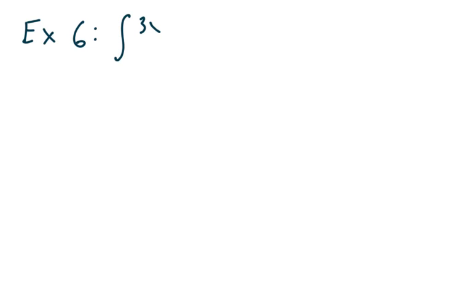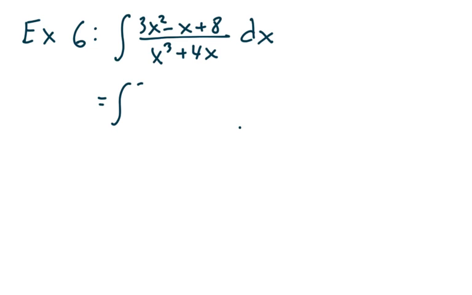So the integral of (3x squared minus x plus 8) divided by (x cubed plus 4x) dx. So we're going to get a little bit harder, okay? Now, this is the integral of 3x squared minus x plus 8. If I factor that denominator, I get x times (x squared plus 4).